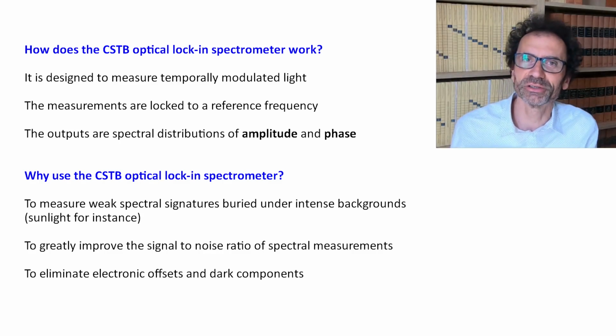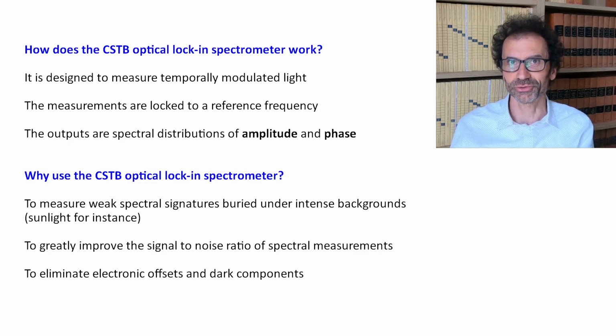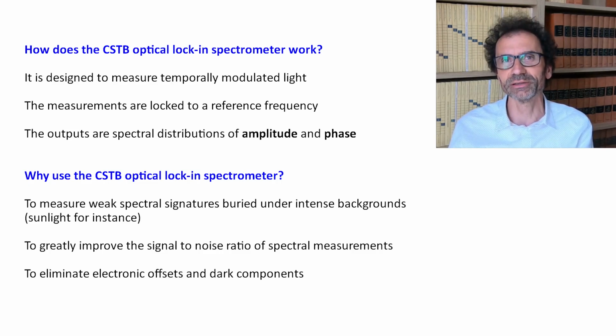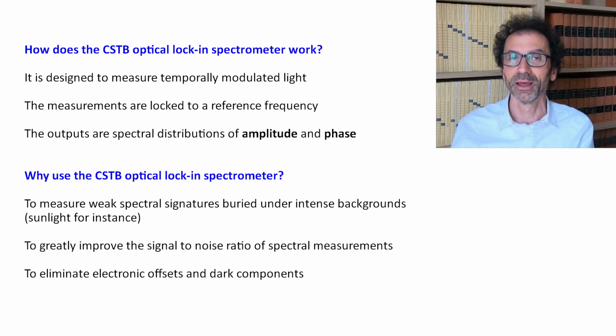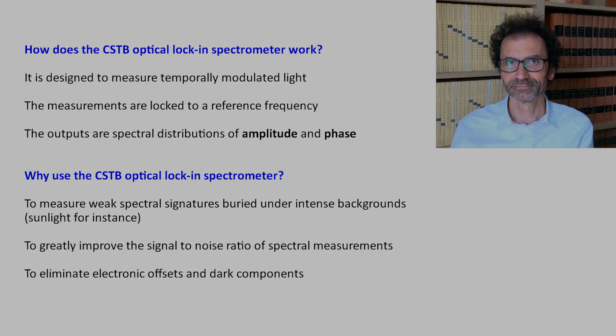The first application is to measure weak spectral signatures buried under intense backgrounds, as you saw in the previous example with sunlight, for instance. It can also be used to greatly improve the signal-to-noise ratio in spectral measurements. And of course, it eliminates electronic offsets and dark components.